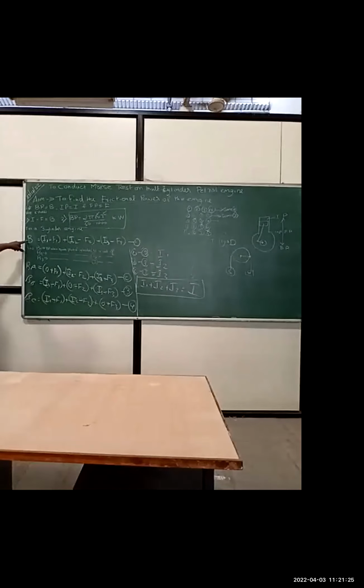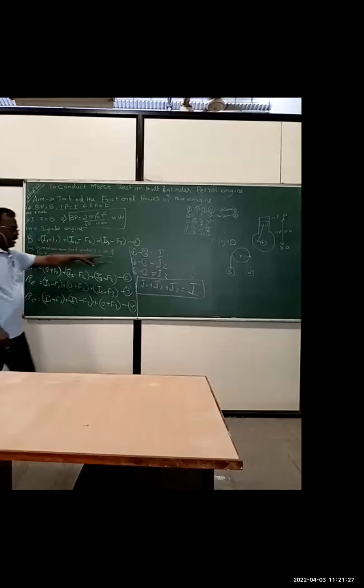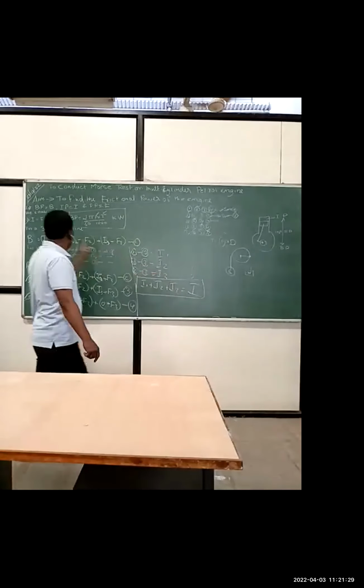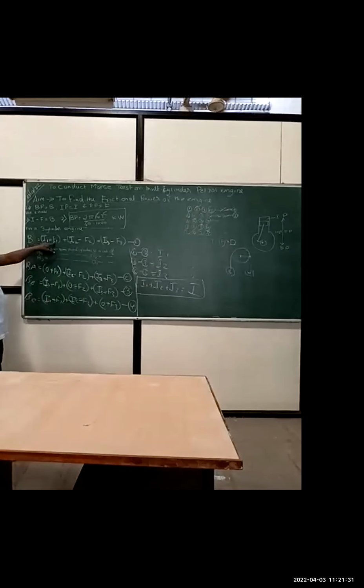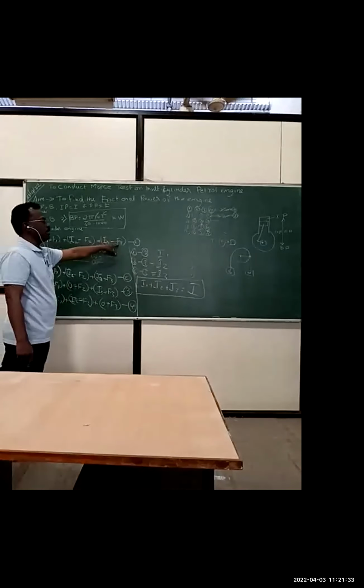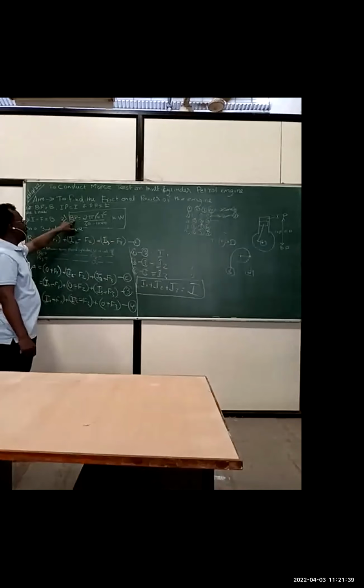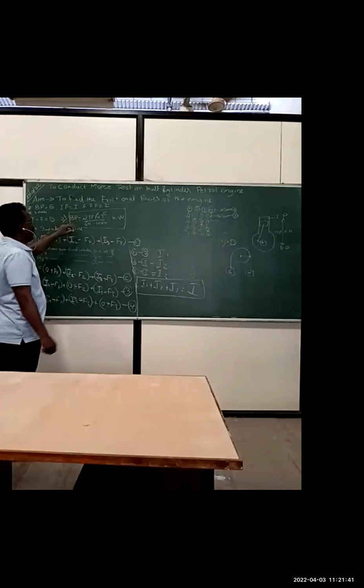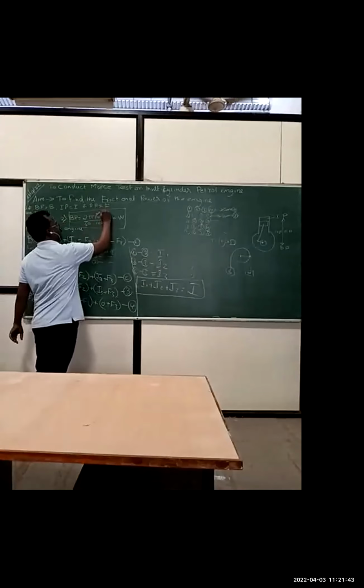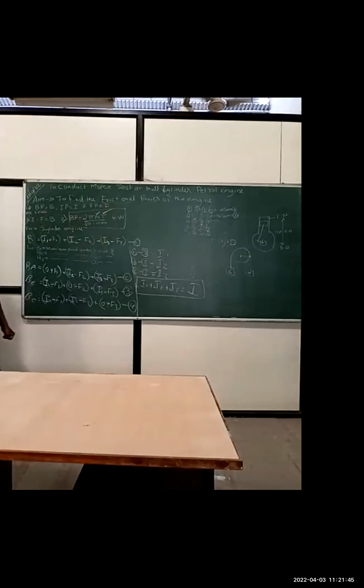So what we have? We have B, we have I. B is equal to I1 minus F1, I2 minus F2, I3 minus F3. But how to find out this? We have the formula for finding out brake power. So what we are doing is actually finding only BP, brake power.